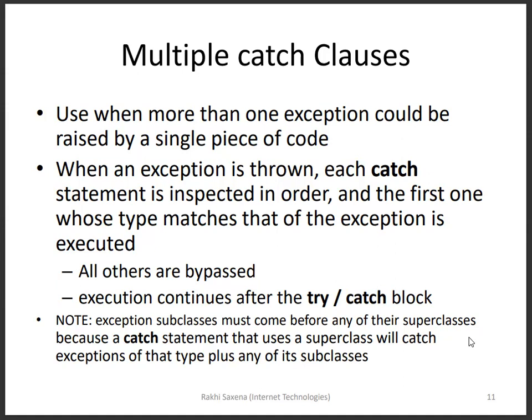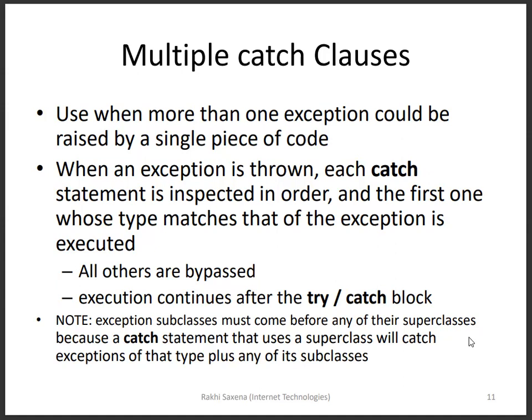Note, the exception subclasses must come before any of their superclasses, because a catch statement that uses a superclass will catch exceptions of that type plus any of its subclasses.